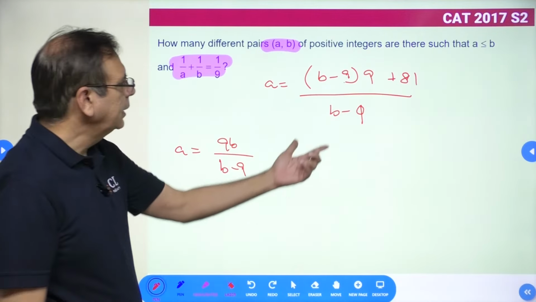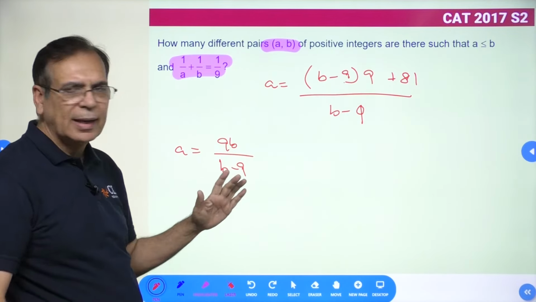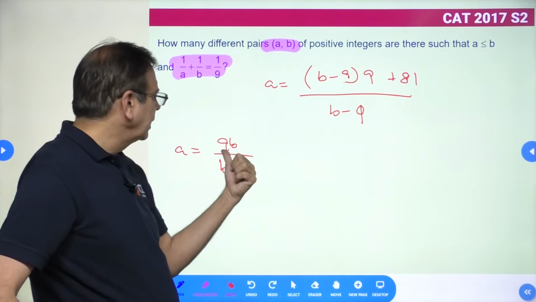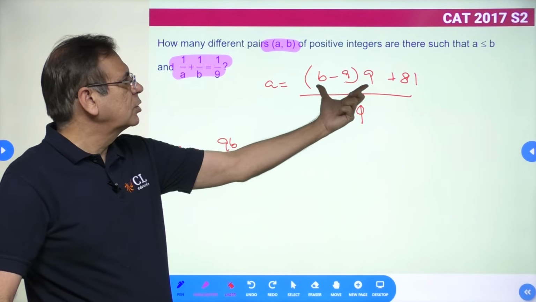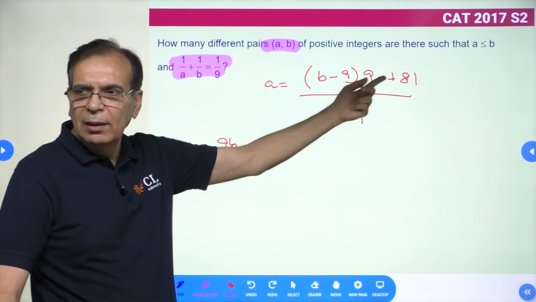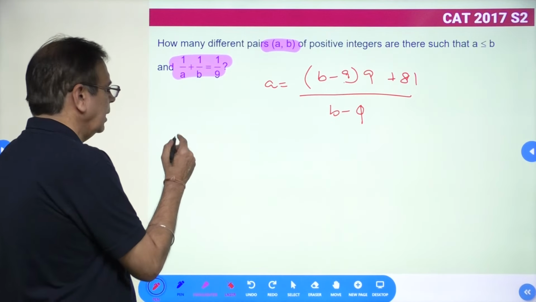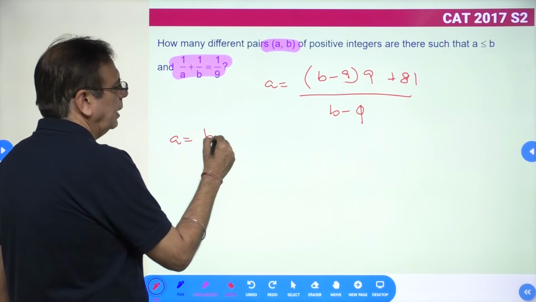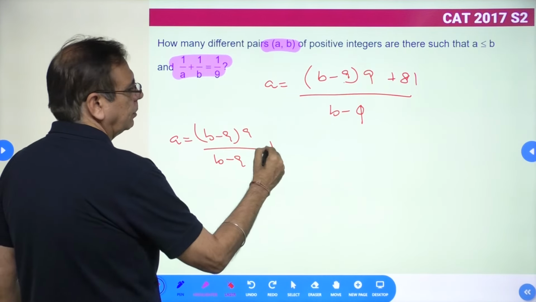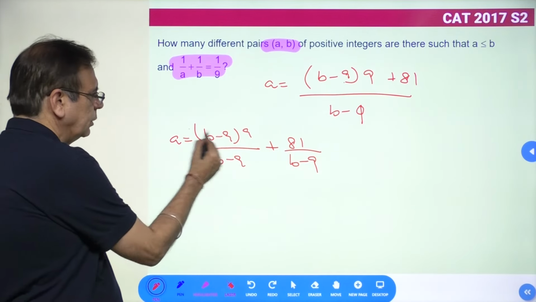I wanted a B minus 9 in the numerator so that I can possibly reduce the equation to something manageable. That means A is equal to B minus 9 into 9 upon B minus 9 plus 81 upon B minus 9. Perfect, these two get cancelled out.